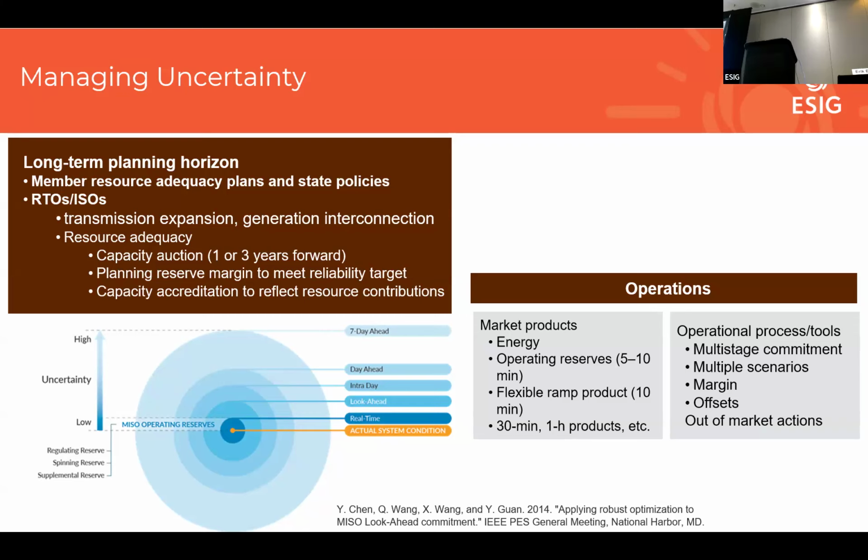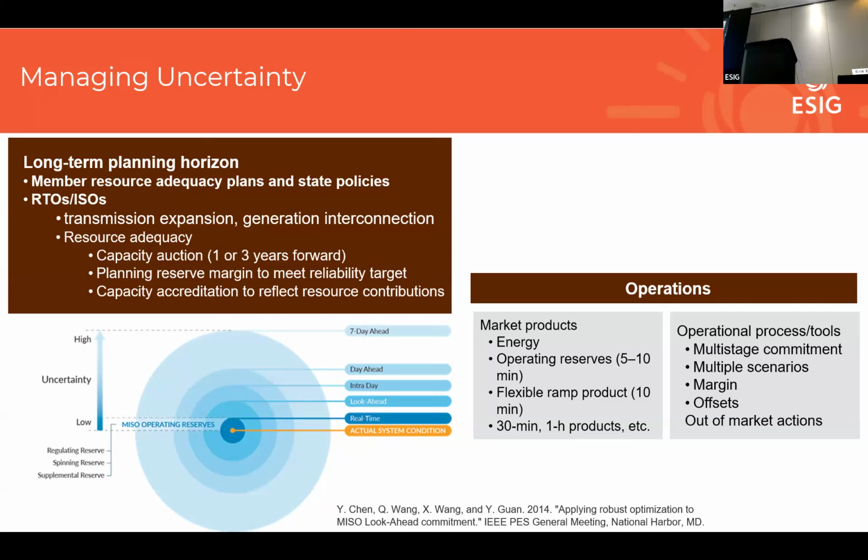Even then, things can happen in the system, like a sudden loss of a generator, or even within 5 minutes you could have a large change in renewables. So operating reserves, like regulation, spinning, and supplemental reserve, are procured really to bridge the gap between the real-time dispatch and the final actual system condition.